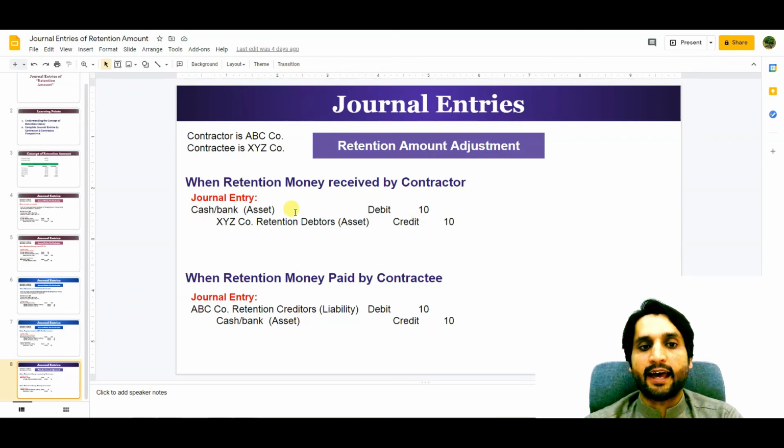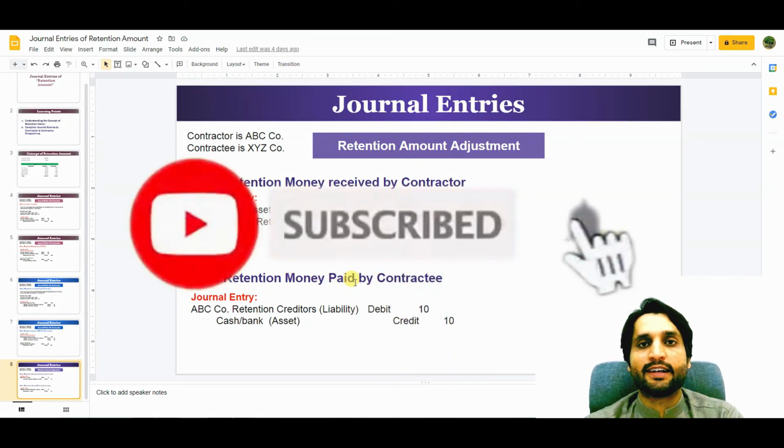So his cash will be increasing, so it's a debit, and XYZ company retention debtor account will be credited. Here, when retention money is paid by the contractee, his journal entry will be ABC company retention creditors liability debited, and cash or bank account credited, because the cash is decreasing and also the liability is decreasing from the contractee's perspective. So these are the journal entries and the concept of the retention amount.